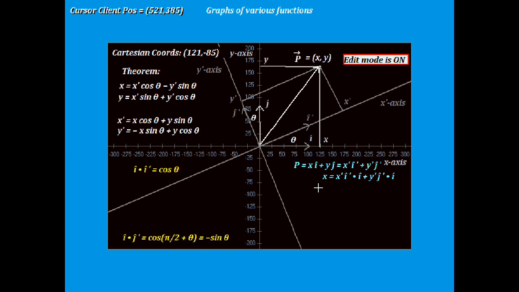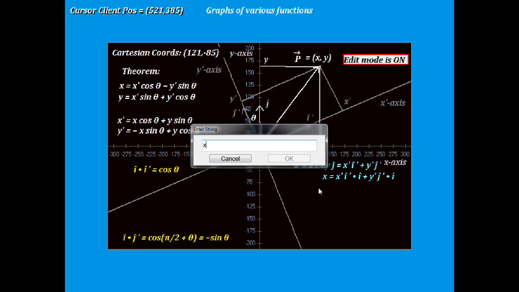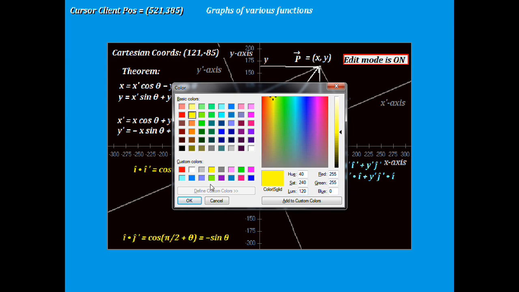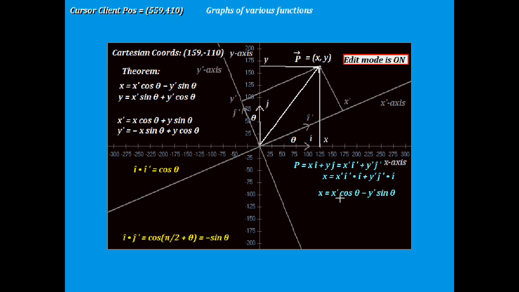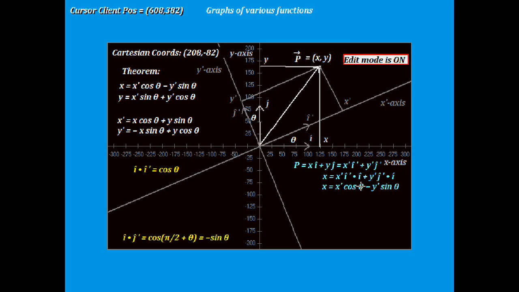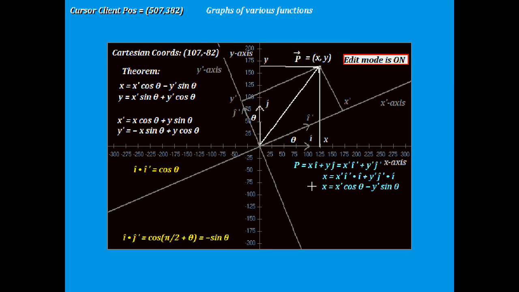So now we have proven the first one: x prime, i prime dot i cos theta minus y prime sine theta. So we're done with this one.